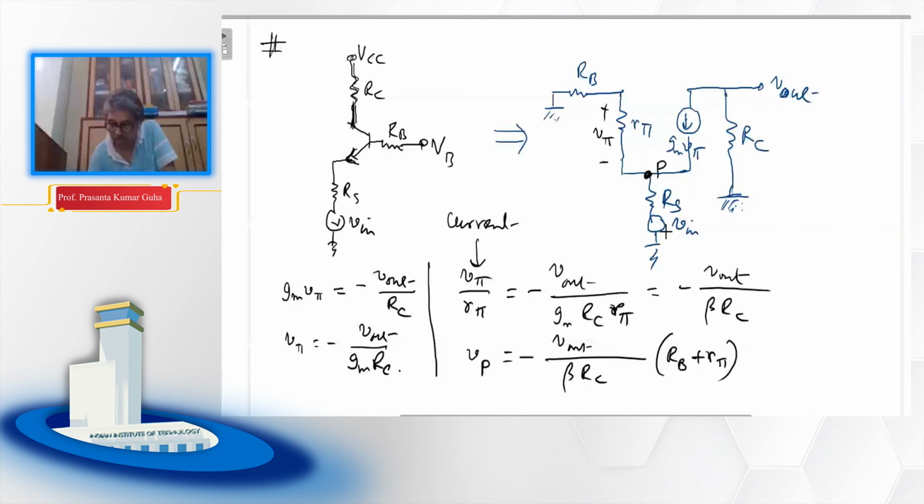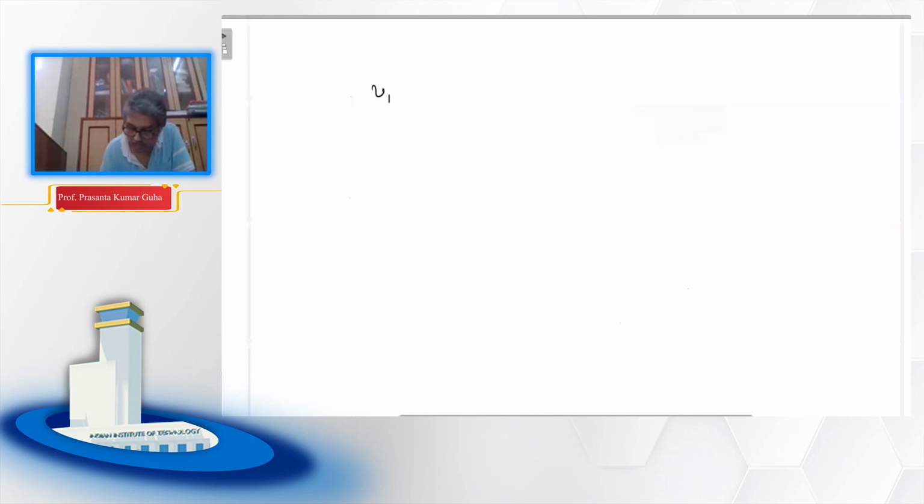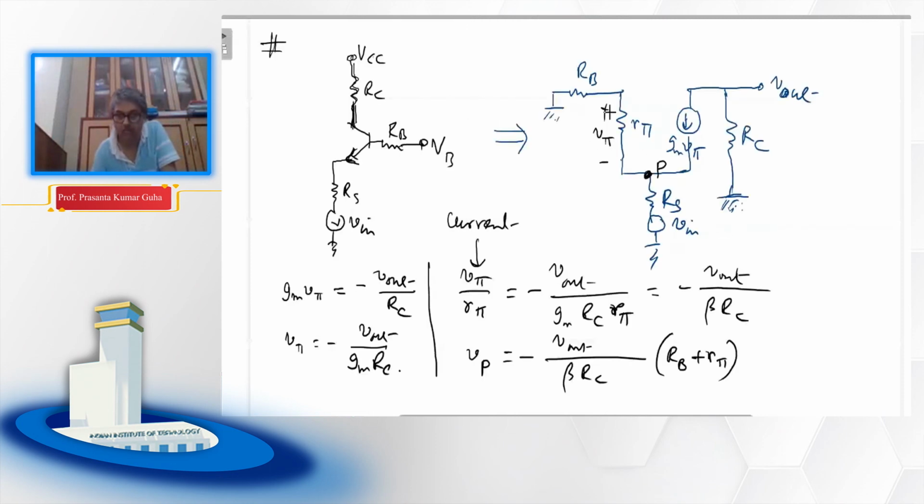So we can write V pi over R pi plus GM V pi, that is the two currents. You see, V pi over R pi is one current, and GM V pi is another current. These two currents are basically going through this RS, right?